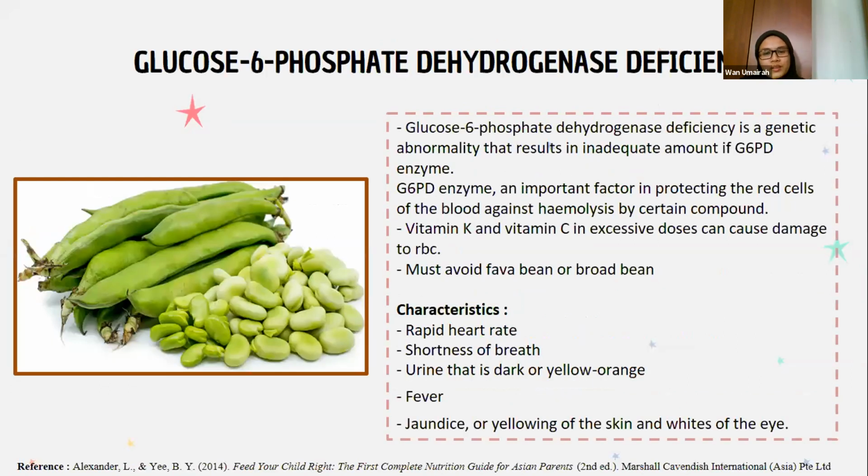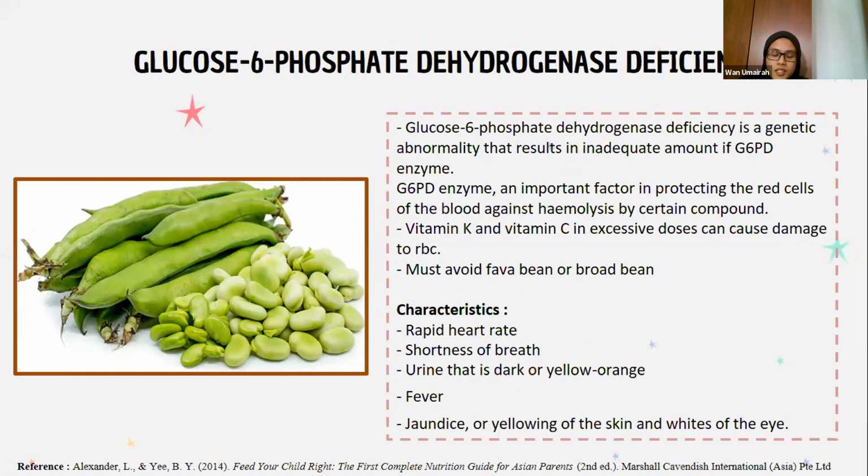Next, we go to glucose-6-phosphate dehydrogenase deficiency, or G6PD deficiency. It is a genetic abnormality that results in an inadequate amount of G6PD enzyme. The G6PD enzyme is an important factor in protecting the red cells against hemolysis.